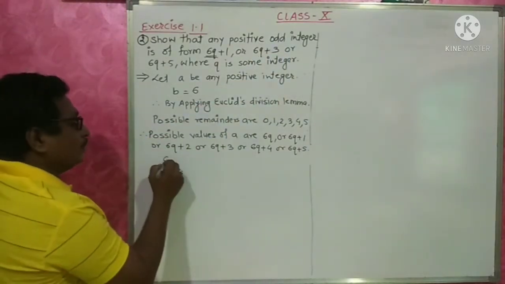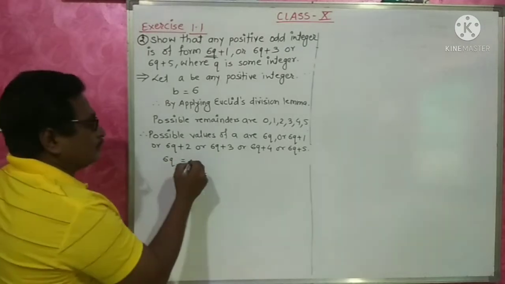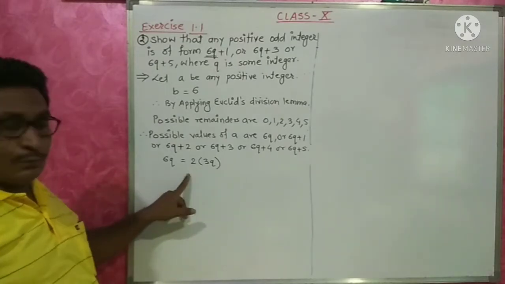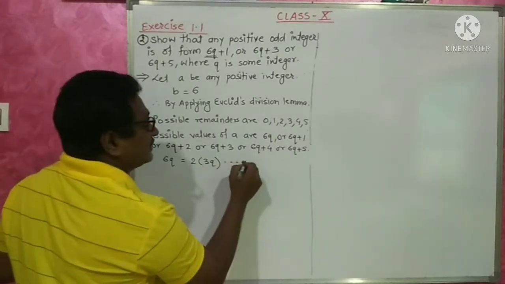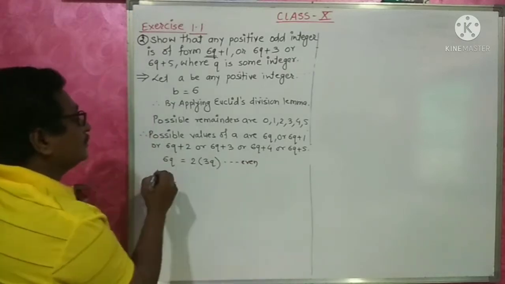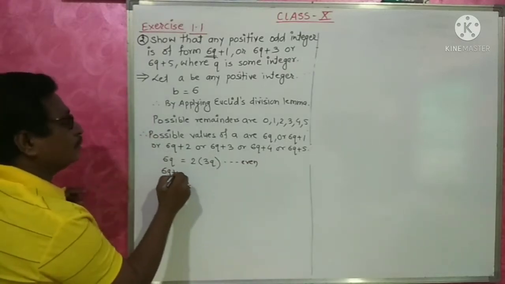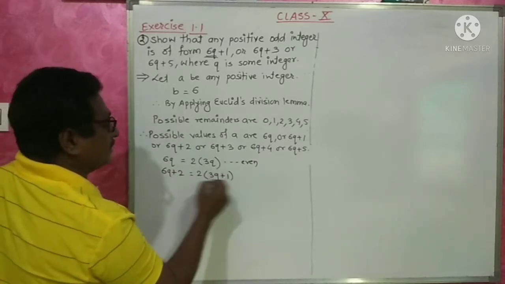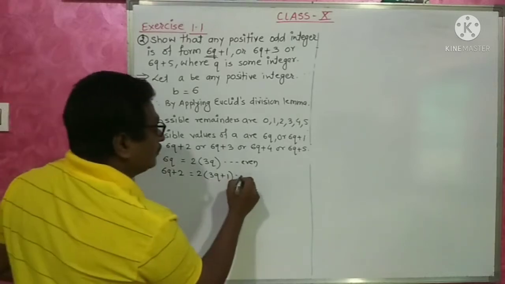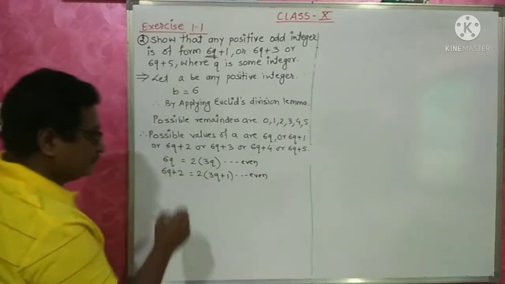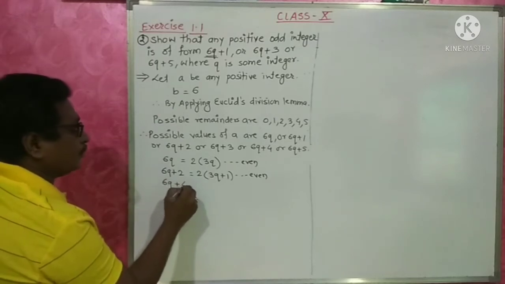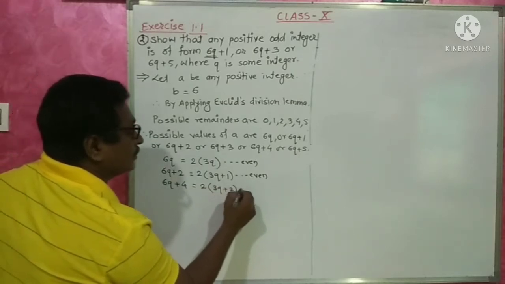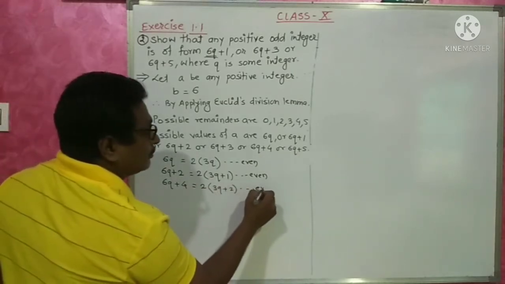So 6q means 2 into 3q. It is a multiple of 2, means it is even. Then 6q plus 2, 2 common, 3q plus 1, this is also a multiple of 2, means this is also even. 6q plus 4, here 2 common, 3q plus 2, it is also a multiple of 2, means even.